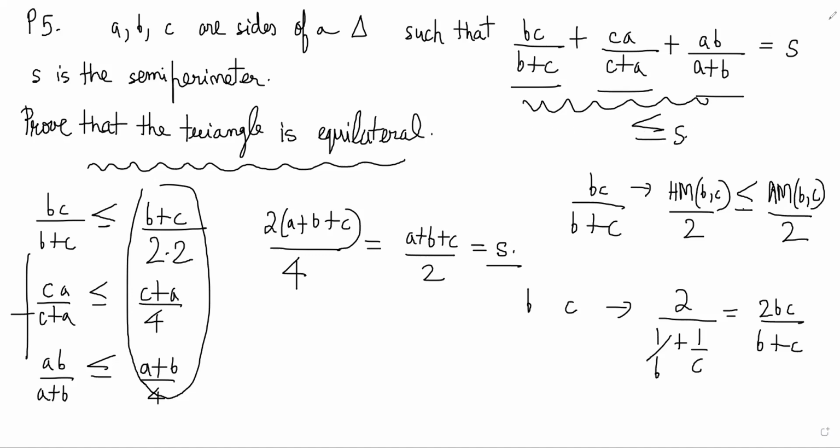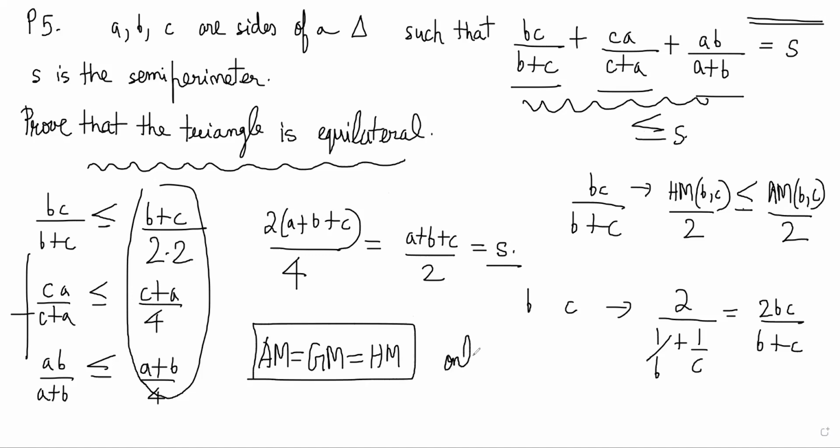But it is saying that it is equal, right? And equality in this inequality, AM equal to GM equal to HM, happens only when all the terms are equal. The two things whose AM, GM and HM we are taking must be equal. So only when A equals B equals C can AM, GM and HM be equal.